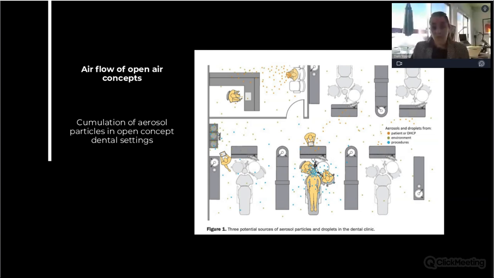This is just a really good visual for you to see what Kirsten was talking about, those little particles that can move, especially in an open operatory environment, where they are moving from room to room. You are doing a lot of aerosol-generating procedures, and this is the risk that runs in an open operatory environment.